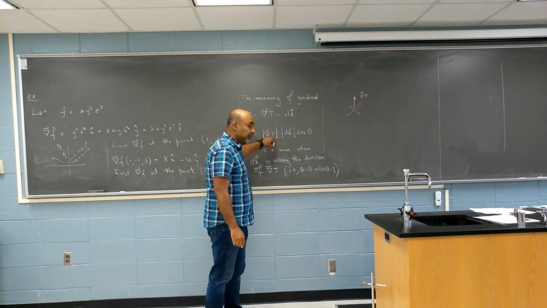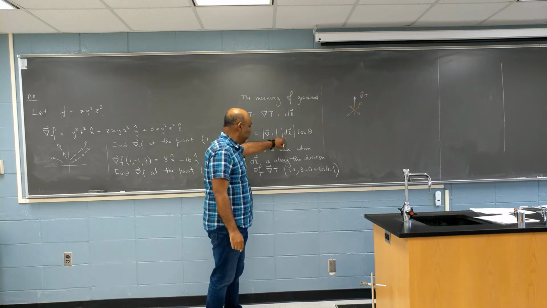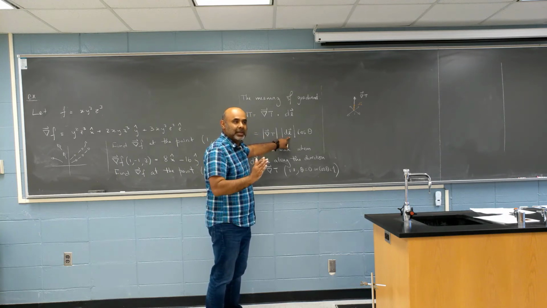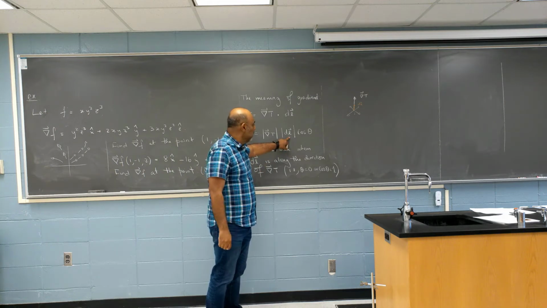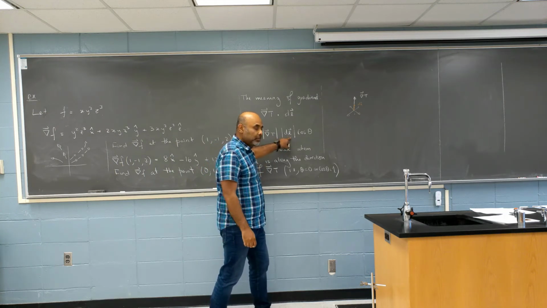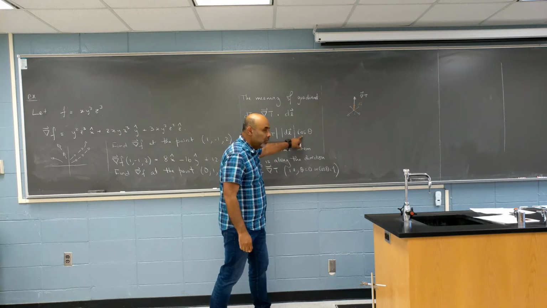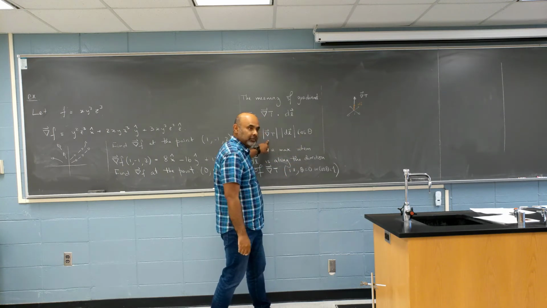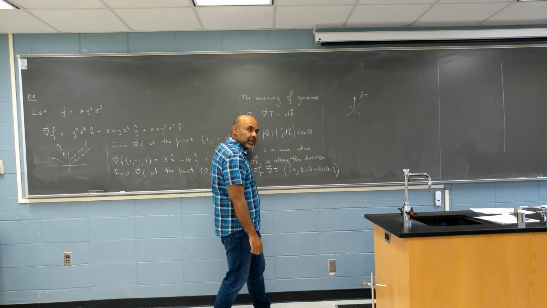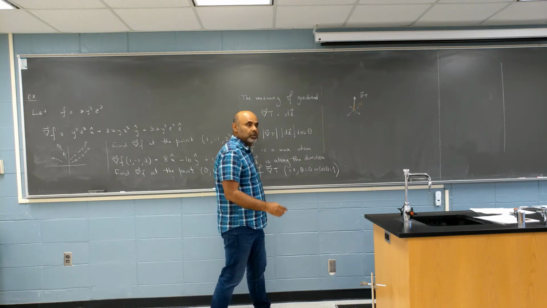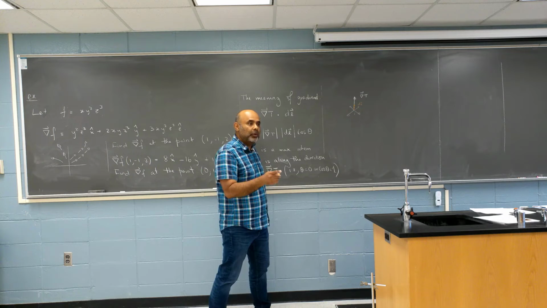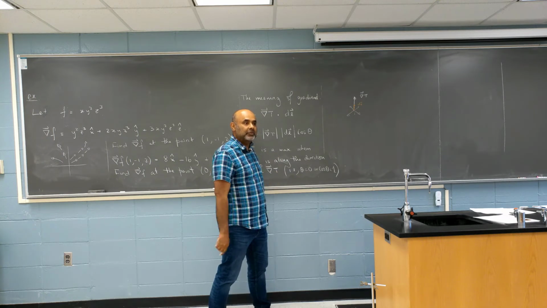Because these two are fixed, I'm going to go a certain length, maybe like 1 meter. These two are fixed, but I only get to play with the direction. But if I go in the direction of gradient of T, I get the maximum change in T. So what does that mean? Gradient points in the direction of the maximum change of the function.